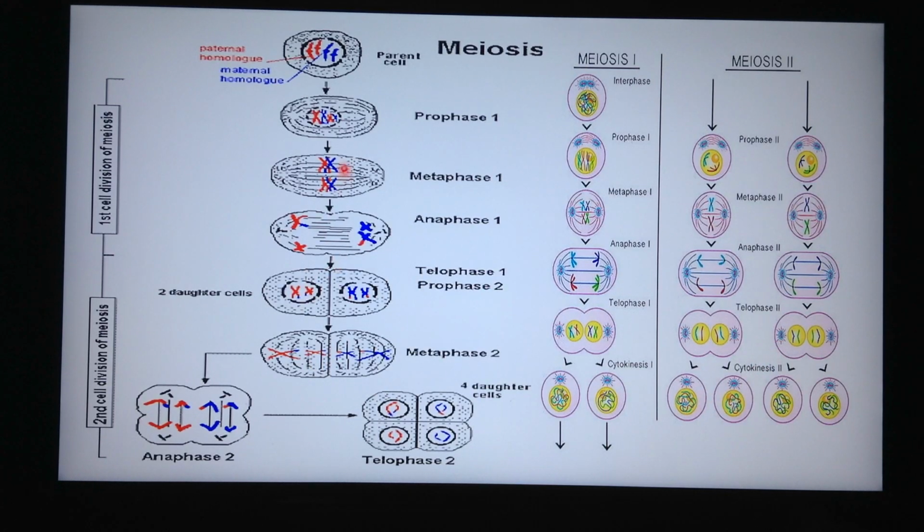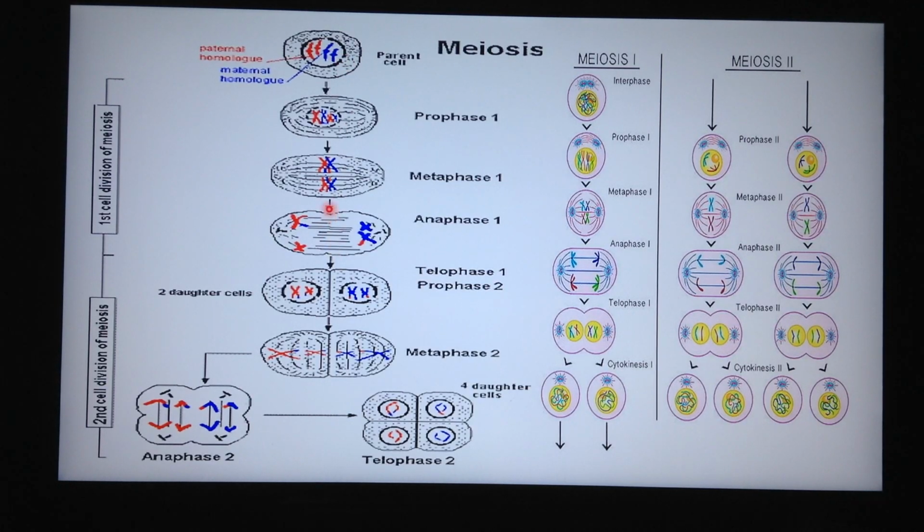Now if there is any kind of problem in meiosis 1, as you can see from the figure, in meiosis 1 homologous chromosomes get separated. So in this cell, for the homologous chromosomes, one set is maternal and another set is paternal.